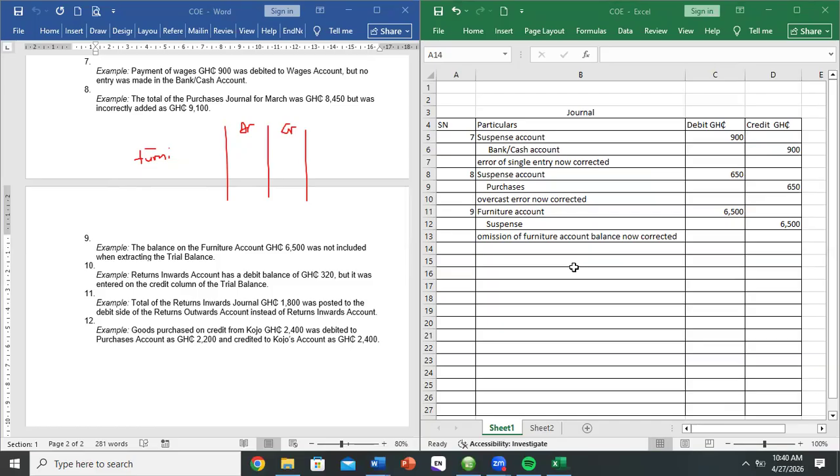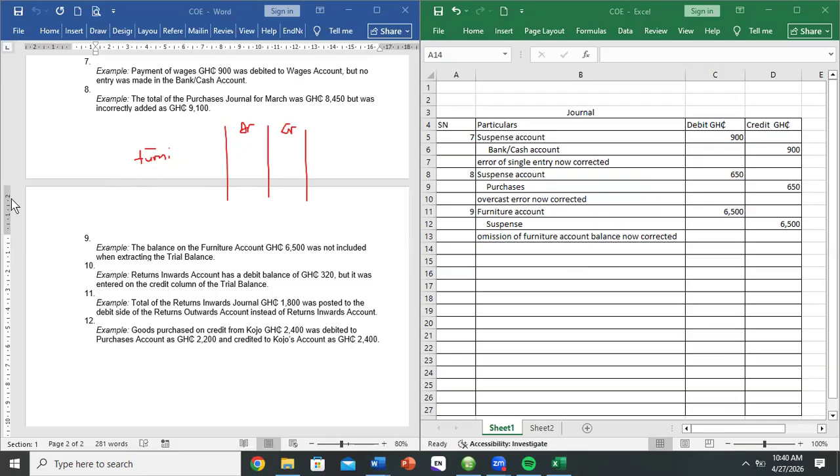Return inwards. We all know return inwards, and we know the balance it has. It was entered on the credit column of the trial balance. Don't you understand this error? You should understand, because it says return inwards, which has a debit balance of 320, was entered on the credit column. Let me demonstrate it in the trial balance here.